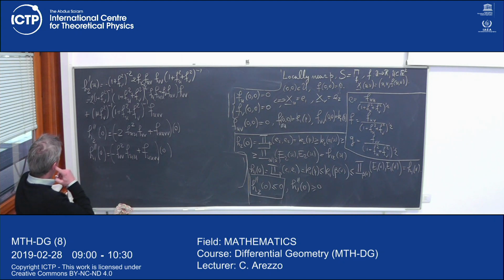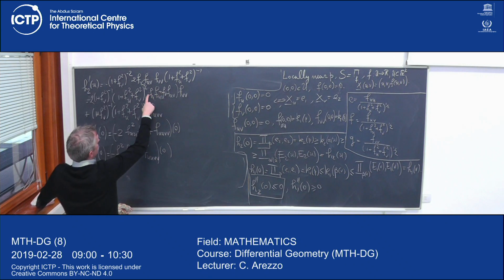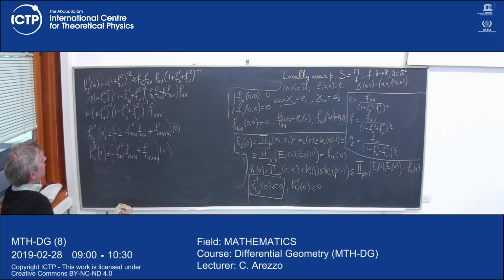When I took the derivative of this, I was taking the derivative of this term here. And I said this is twice, because actually the truth was that this 2 was here, no? It's 2 FU FUU plus 2 FV FUV. So I put the 2 there. So how come now this has disappeared?